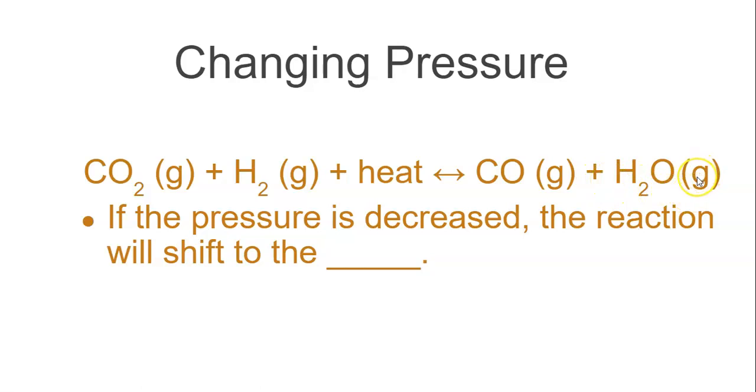My water is a gas. It's in the gaseous phase, so it's water vapor, and that one has 1. So I have 2 on the left and 2 on the right. So if I decrease pressure, since my moles are the same, there is no shift. I can change the pressure all day and it's not going to affect my reaction.